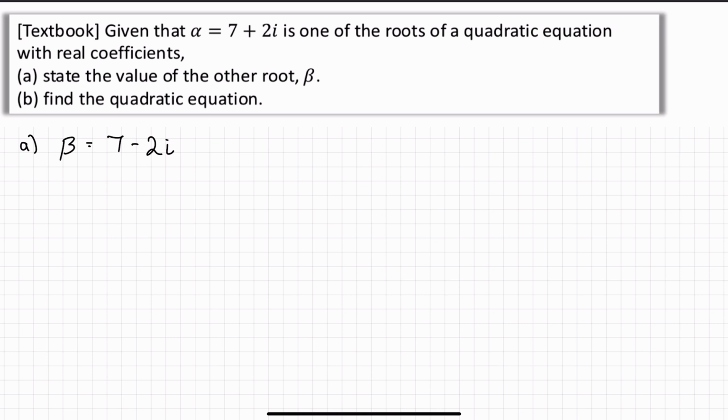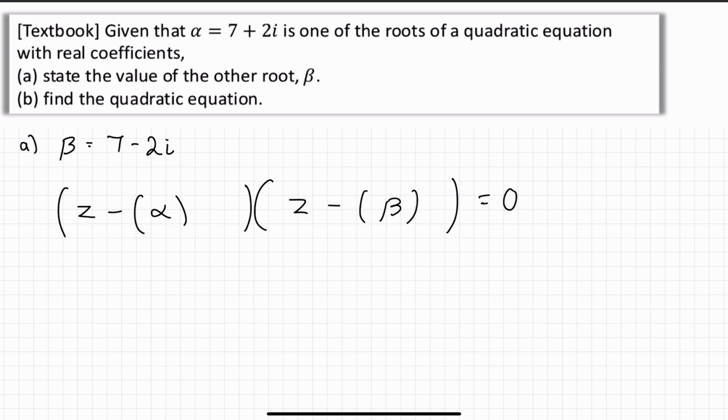So using the factor theorem, we can write it as the following. I'm going to do z take away alpha, and z take away beta equals 0.